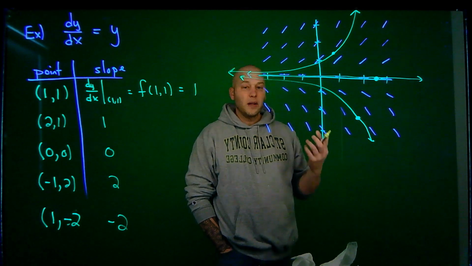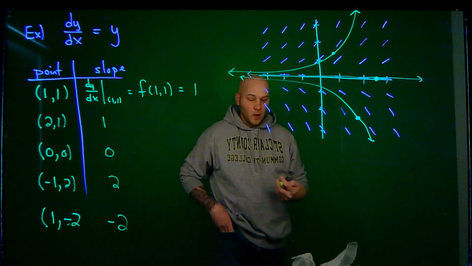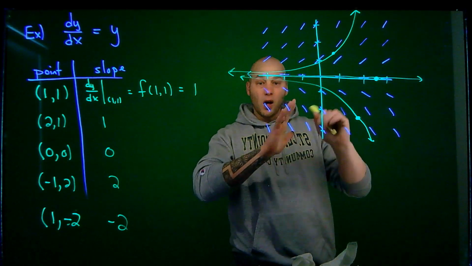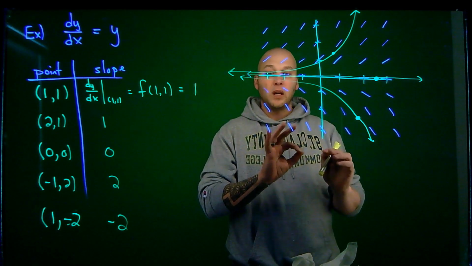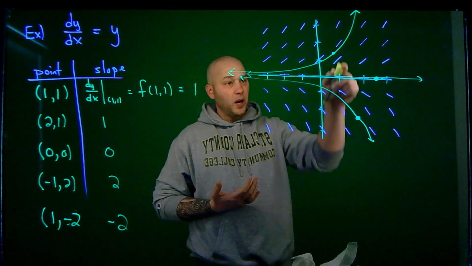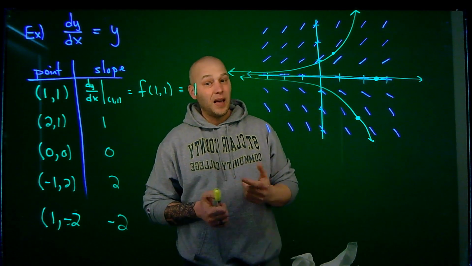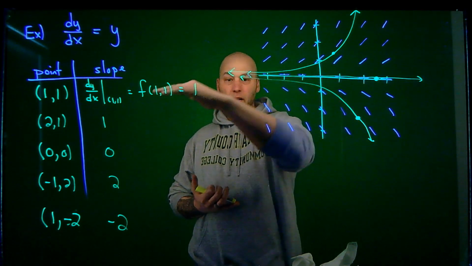All right, so now let's talk about the solutions compared to the original differential equation. First and foremost, all I would know is what the shapes of the graphs look like. What this tells me is a couple of things. One, no matter where I pick my point, the solution is going to have certain properties. It's going to have a horizontal asymptote of 0 if I go out to the left.